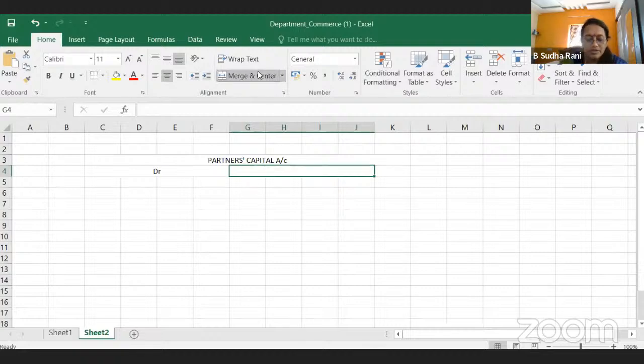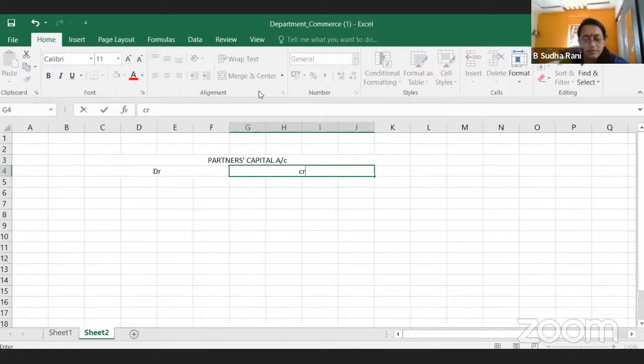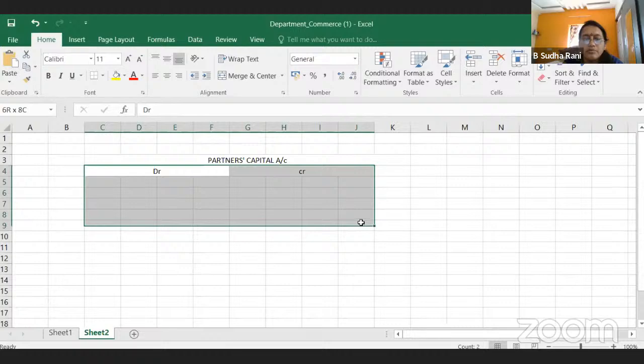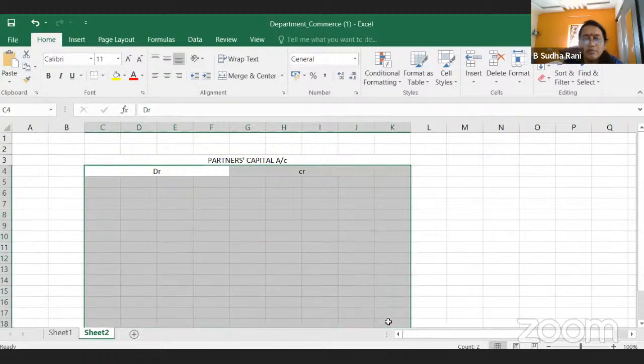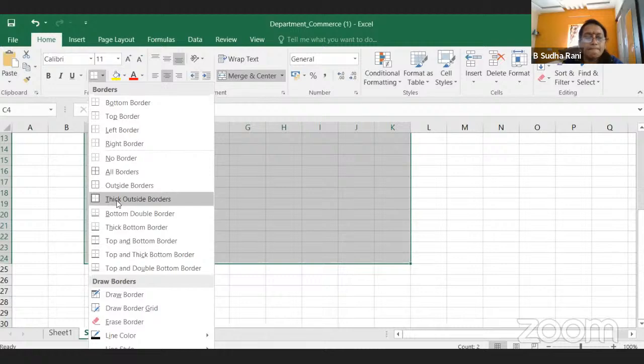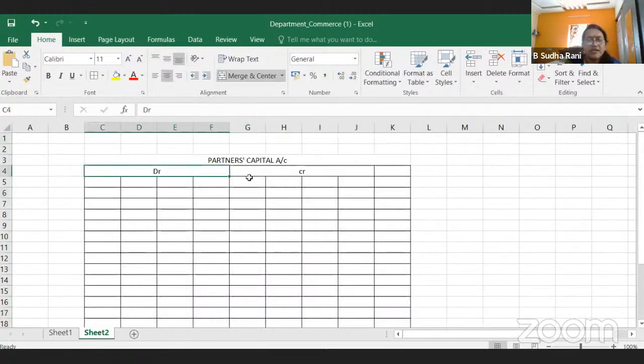Merge. This is the credit side. Okay, this is the debit and credit.